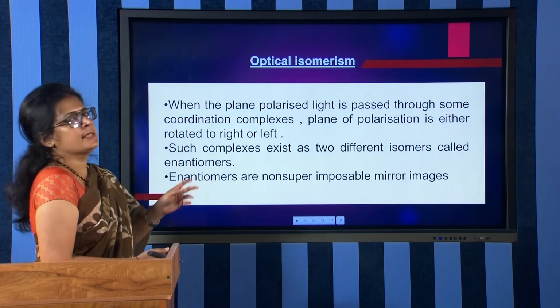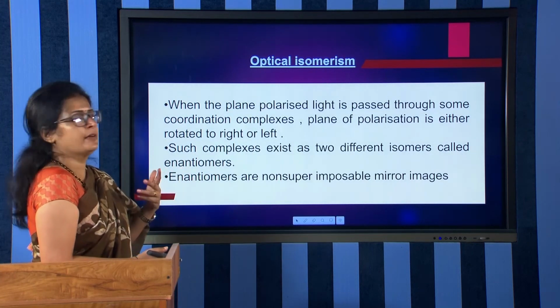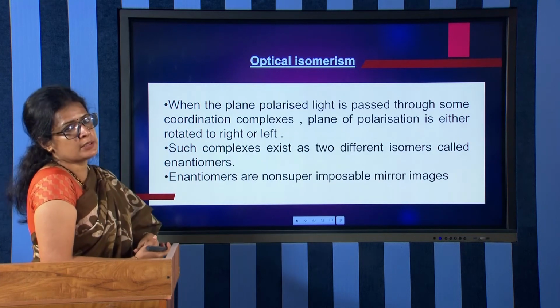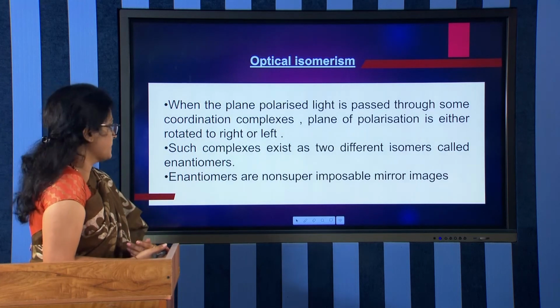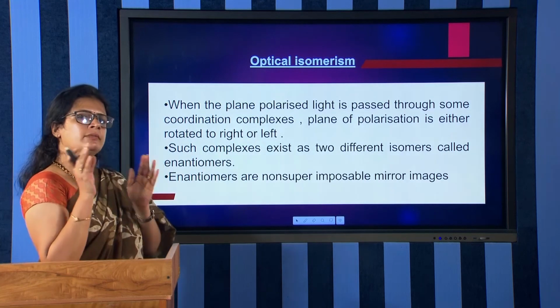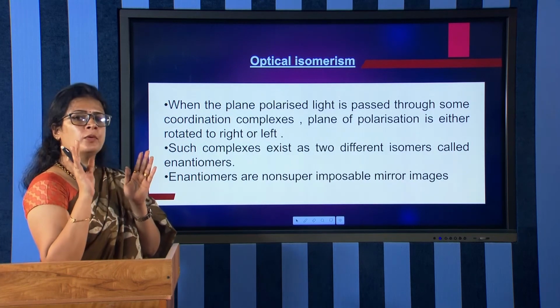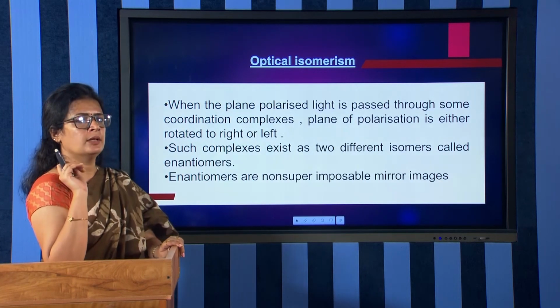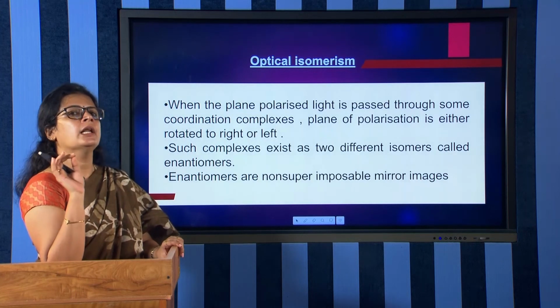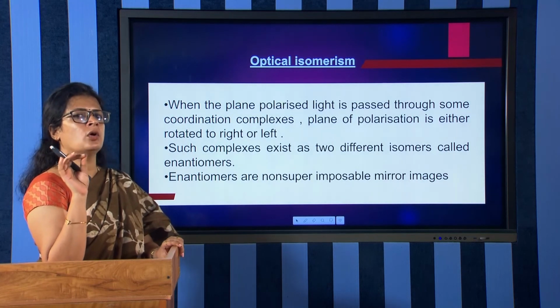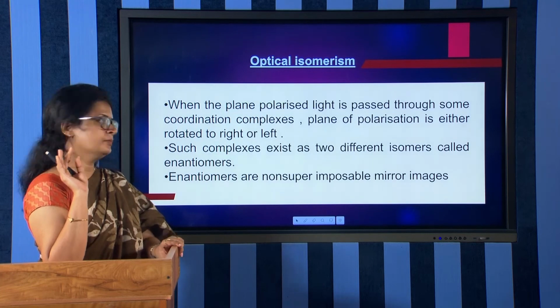And such complexes will be existing as 2 different isomers called enantiomers. And these enantiomers will be non-superimposable mirror images. So, they are called optical isomers. Enantiomers are called optical isomers.